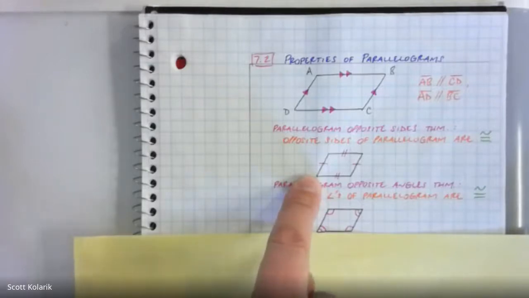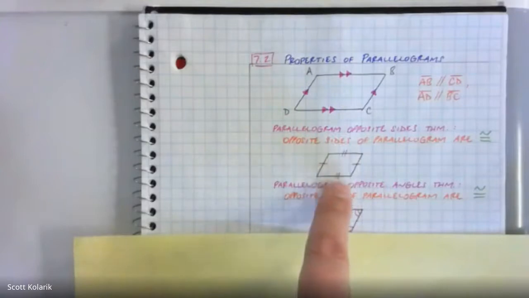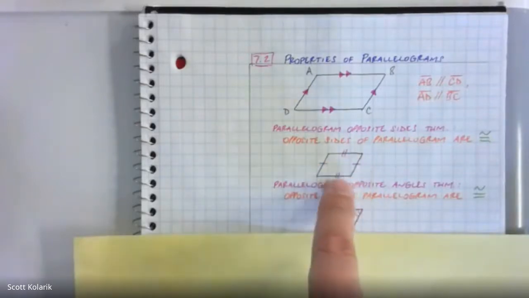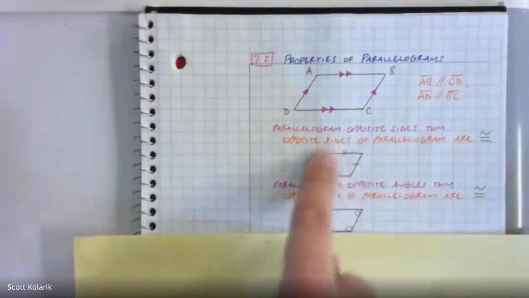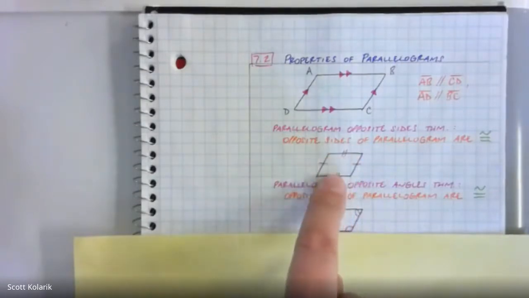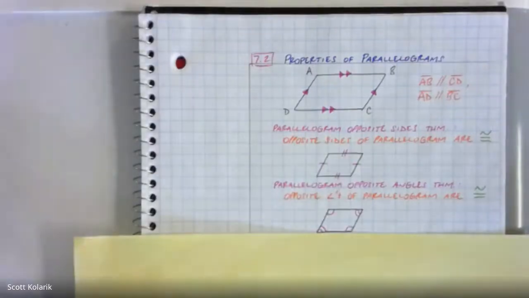But also, the flip side of the same coin, I could start with this diagram right here: if I have a four-sided figure in which opposite sides are congruent to one another, that also means that shape must be a parallelogram, meaning that opposite sides must also be parallel to one another. Okay, so they go hand in hand.